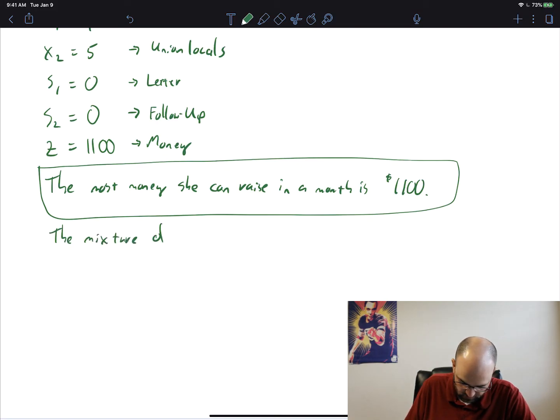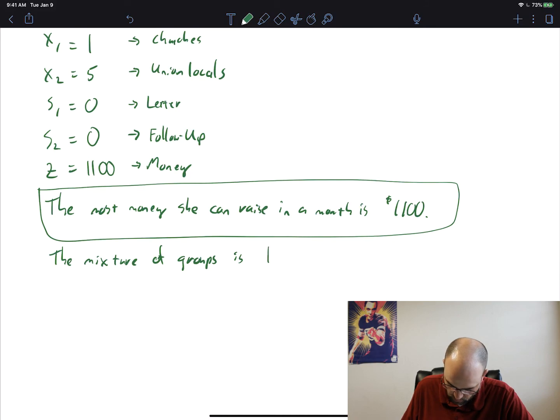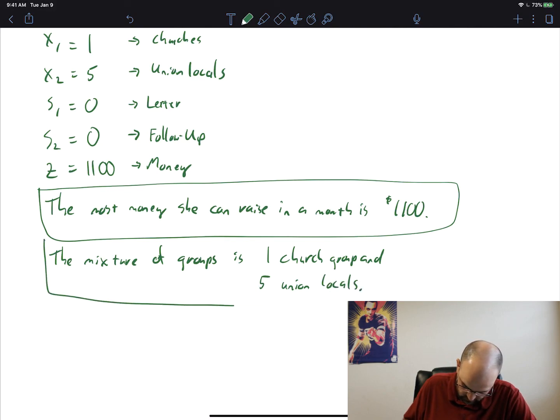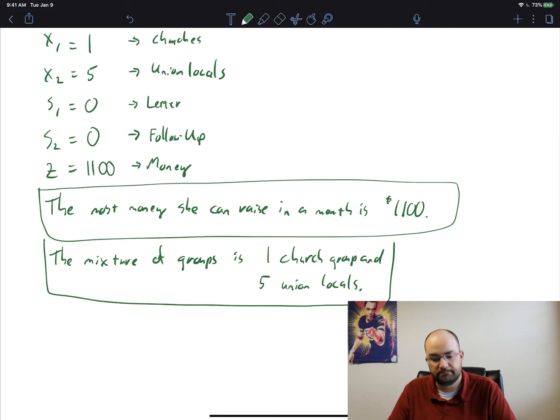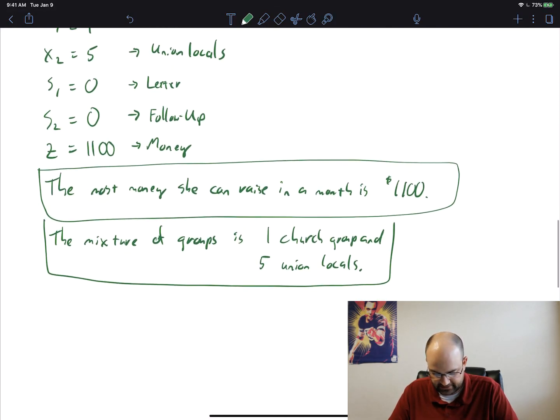The mixture of groups is one church group and 5 union locals. There we go. And that's what the question is asking us.